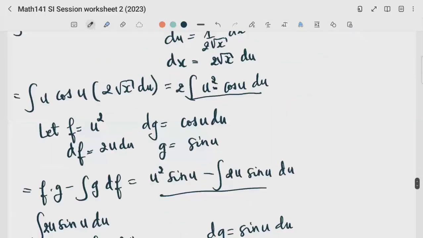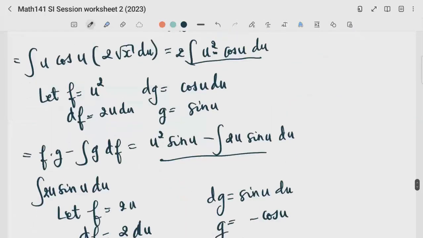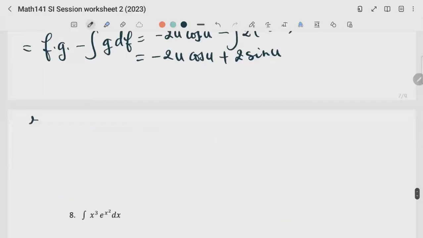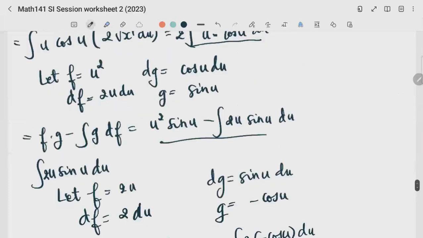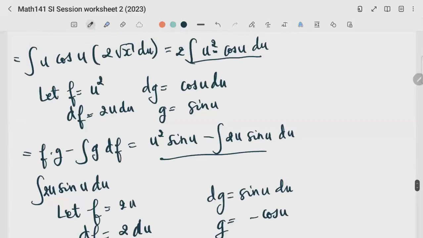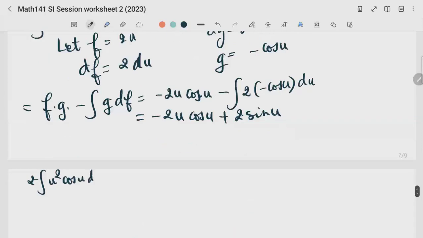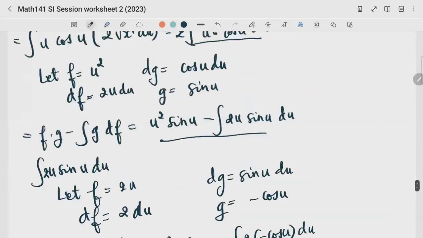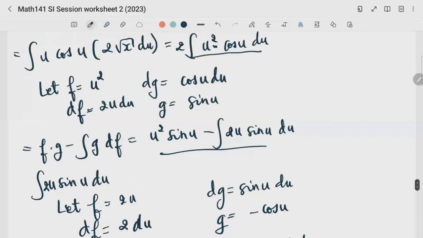Okay, so let's take it step by step. First, the 2 times the integral of u squared cos u du is equal to all of this.